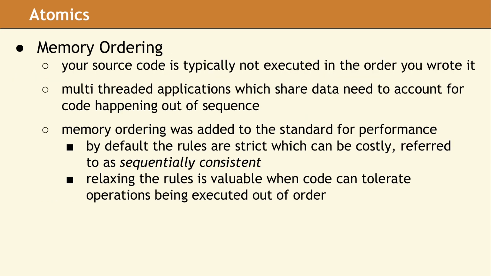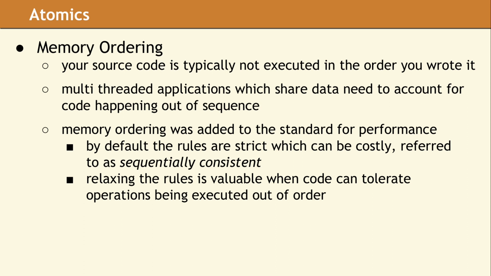As we discussed in our C++ memory model video, there are several reasons your source code may not be executed in the order you wanted. In multi-threaded applications, this can have significant consequences and requires more work by the developer to balance correctness, practicality, and speed.